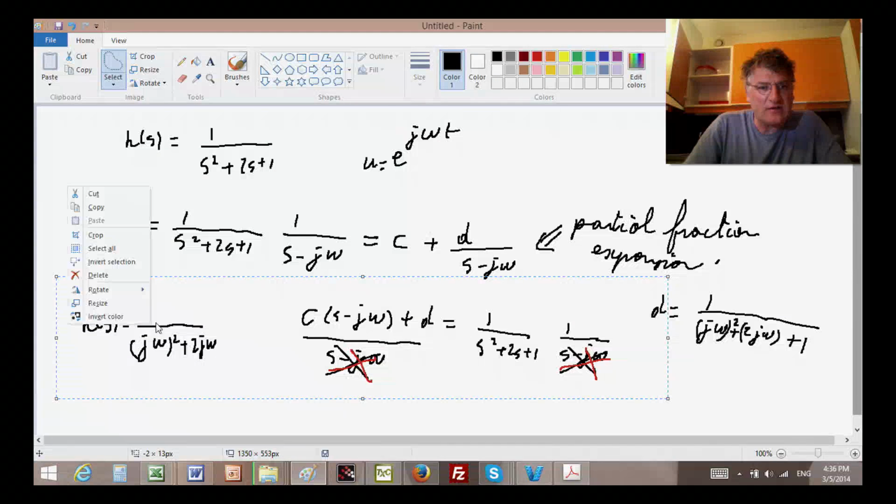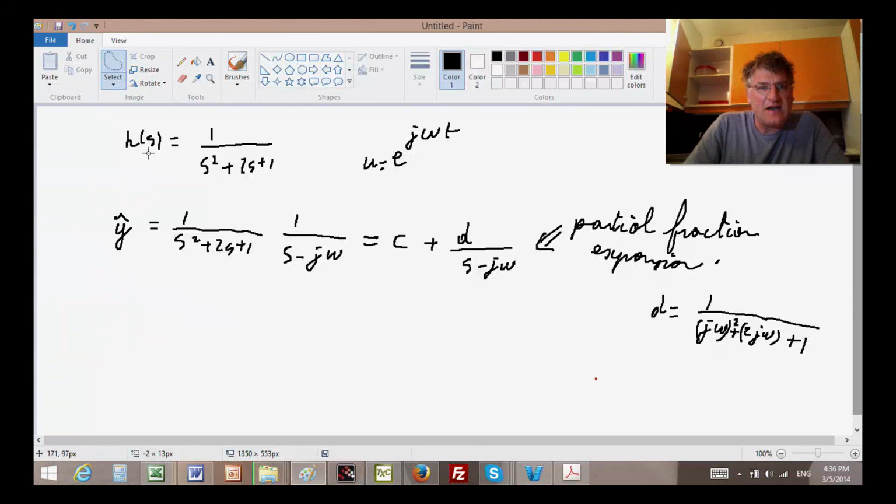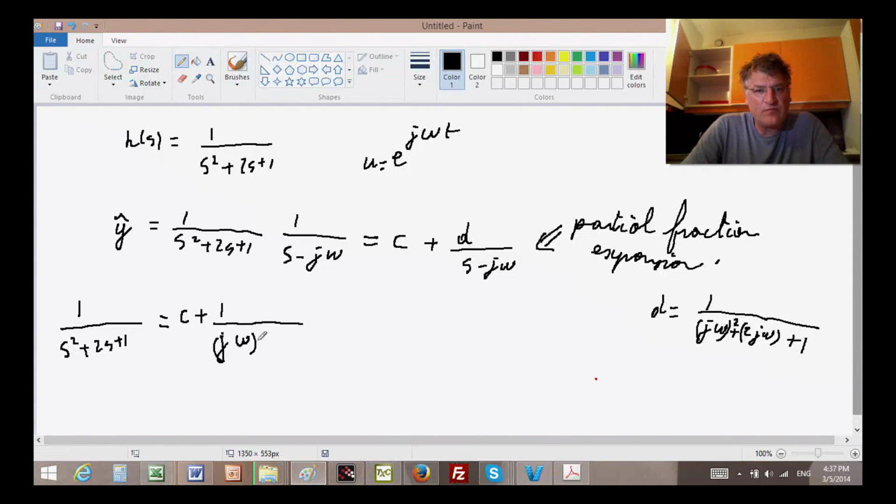So we're going to write that h of s, which is 1 over s squared plus 2s plus 1, must be equal to c plus 1 over j omega squared plus 2j omega plus 1 times 1 over s minus j omega.